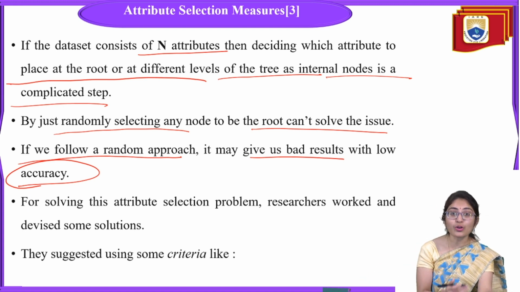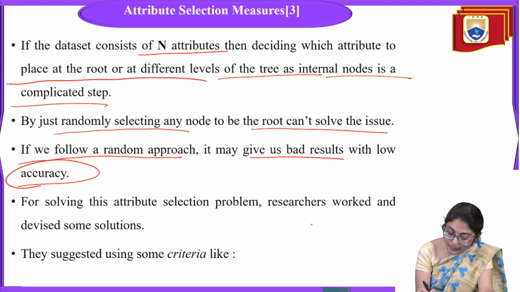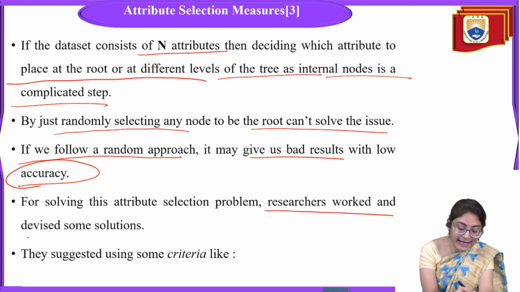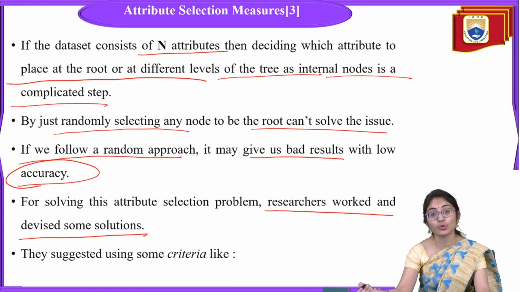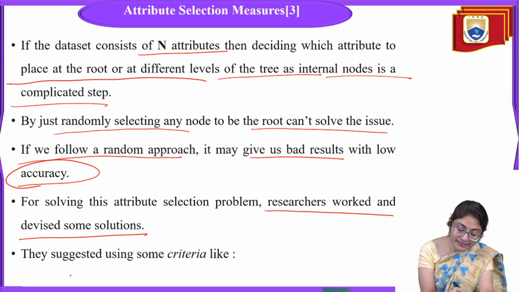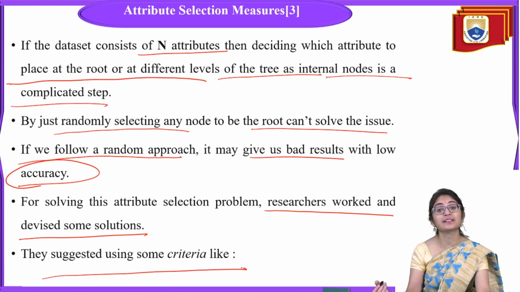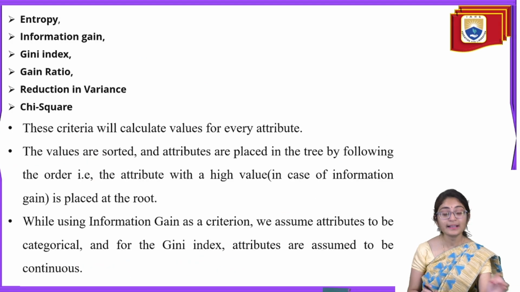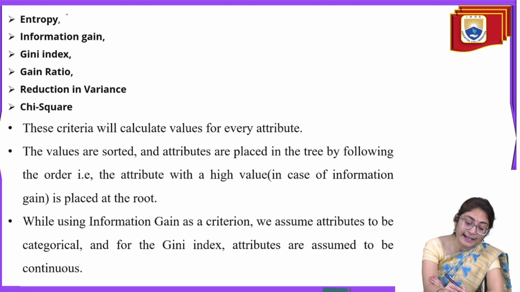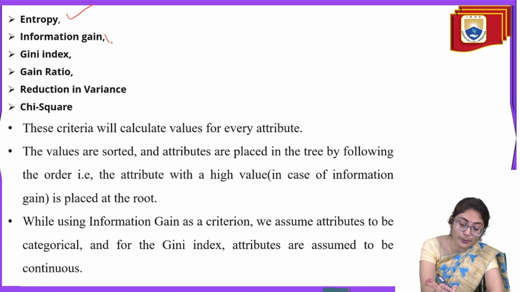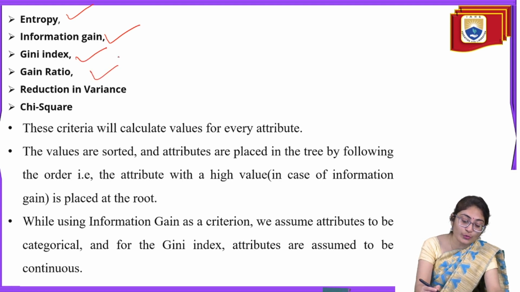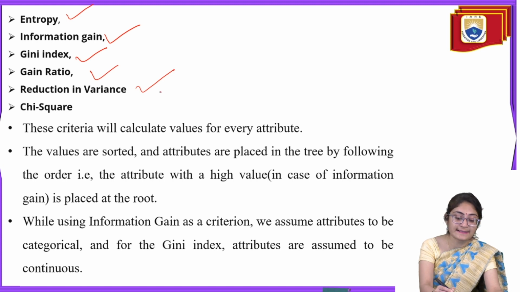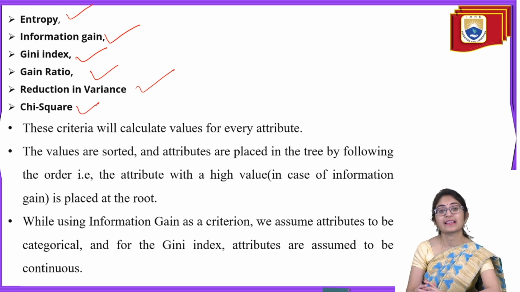And for solving this attribute selection problem, researchers worked and devised some solutions, and they suggested some criteria. These criteria are entropy, information gain, Gini Index, gain ratio, reduction in variance, and chi-square.